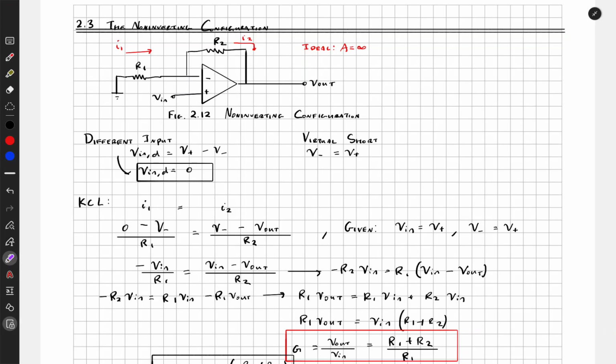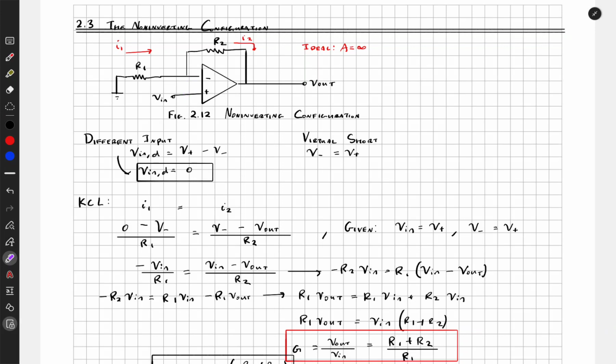However, because the differential input voltage increases V out, this will have to increase. So the voltage difference momentarily increases, resulting in this value increasing. But we have feedback going back to the input that forces this voltage difference back to zero. And so it has a very closed loop kind of feeling.